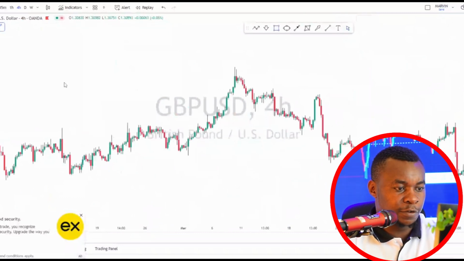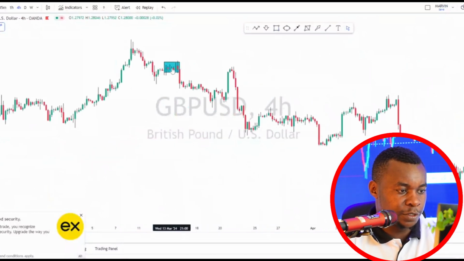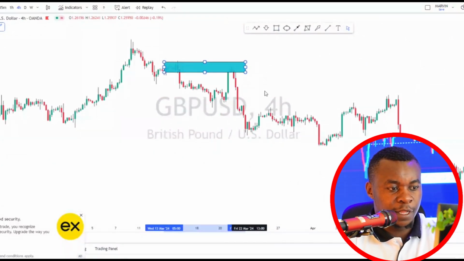This is another example of a supply here. So the entire zone will be named as a distribution. The activity that took place at this particular point is what we'll name as distribution, so it makes the entire zone a supply.